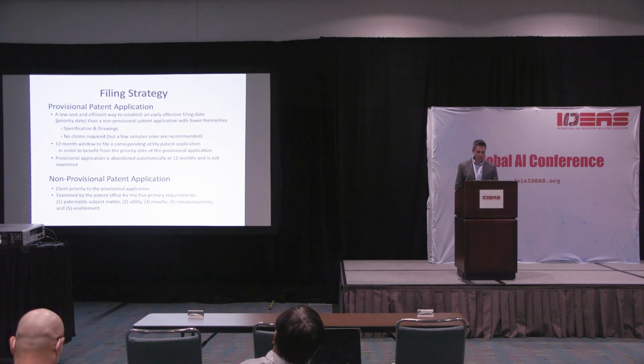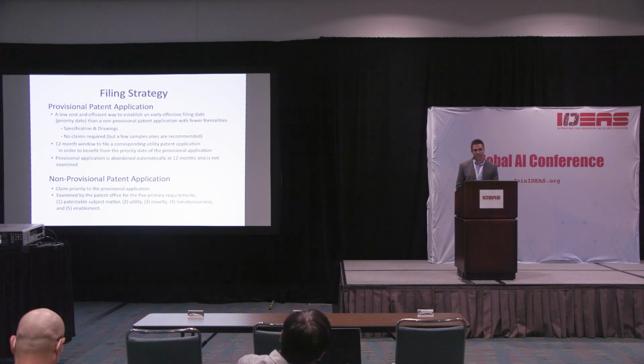And we talked about this earlier, but for the non-provisional patent application that goes in front of the patent examiner, there's 5 requirements. Patentable subject matter, which we've talked about, can't be an abstract idea, can't be a law of nature, and as long as it's software that's improving the functionality of a computer, then that is patentable subject matter.